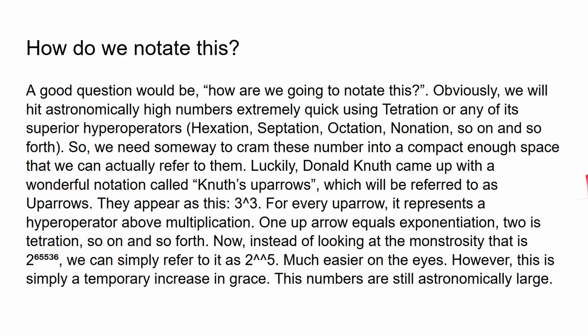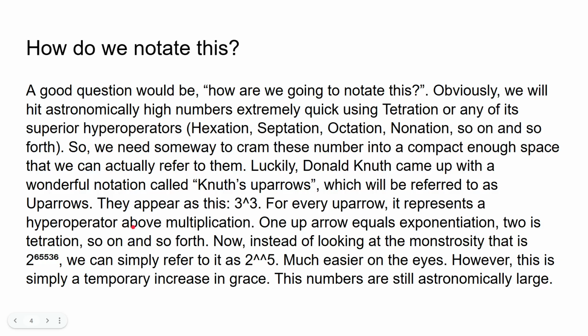Knuth's up arrows, which I'll be referring to as up arrows because for the sake of simplicity, I'm using a caret in this situation. However, there's a line right here that points out that is an up arrow. This is 3 to the power of 3, which is 27.